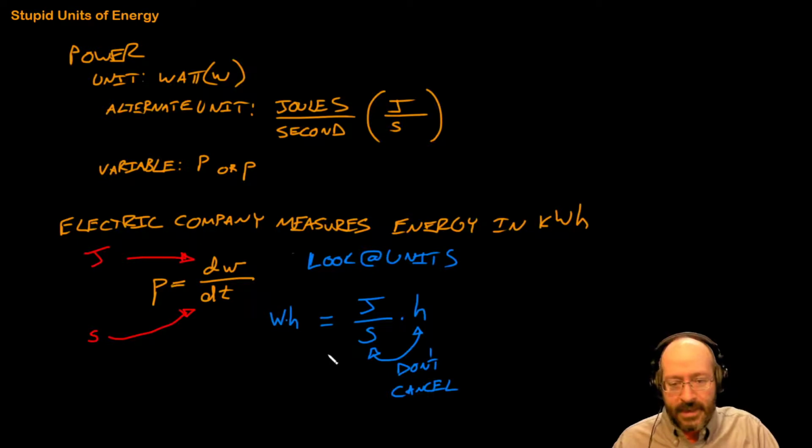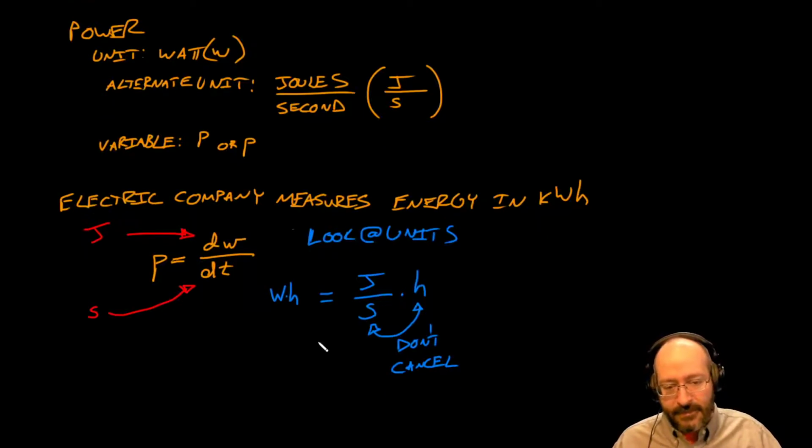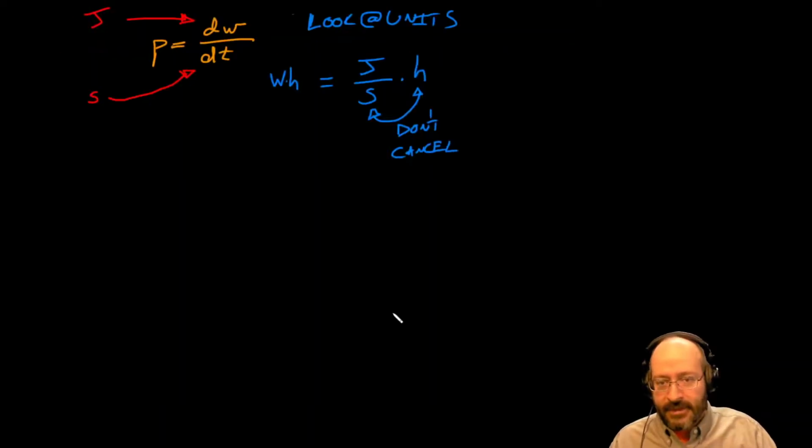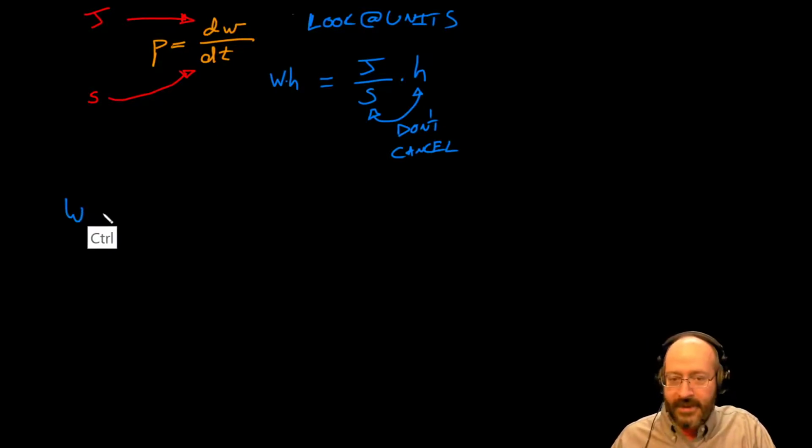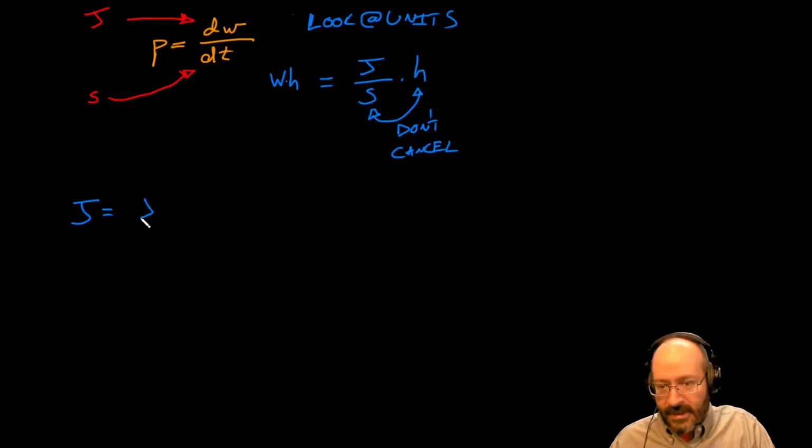If I wanted to make those cancel, I would have to consider, if I want to get it down to joules, and I have joules per second, and I'm multiplying by hours, this all becomes kilowatt hours. And if I want to make these cancel, then I need to get rid of hours in the numerator. So I'm going to divide by hours.